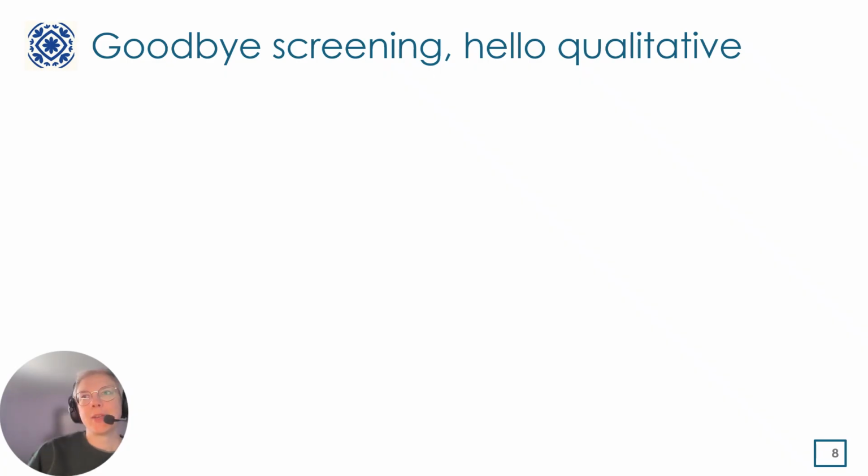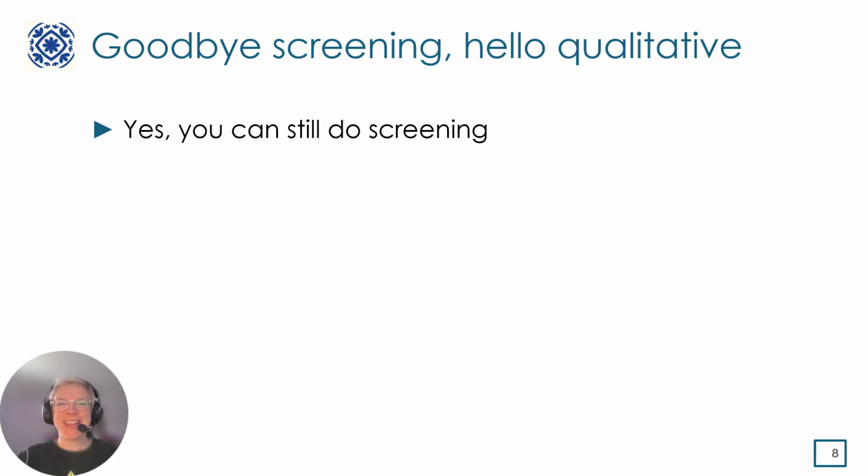Okay, so let's go back to the first big change, which is the disappearance of screening from the document. For those of you going like, what now? I'm not allowed to do screening? Are you crazy? Well, no, of course you can still do screening. That's entirely your decision. ASB 036 just kicks this consideration out of its purview.